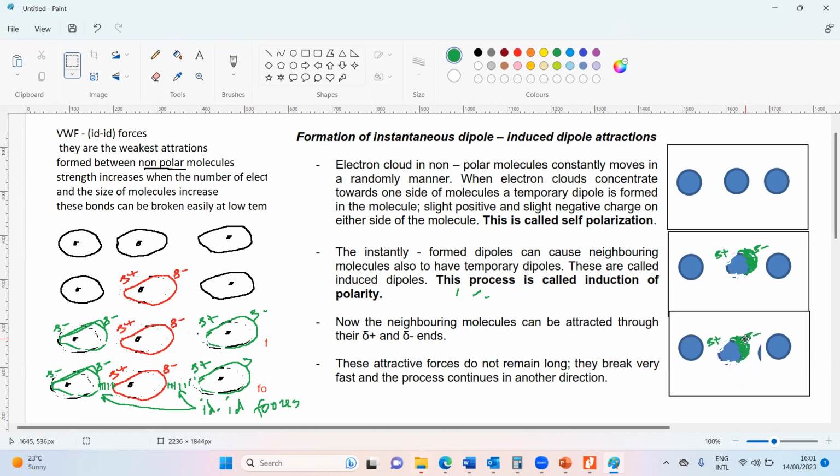Middle one has changed. Accordingly, the right-hand side one also changes. Not that, the left-hand side. Earlier molecules were not charged. Now the molecules are showing some slight charge density, and we had to show the van der Waals force formation.